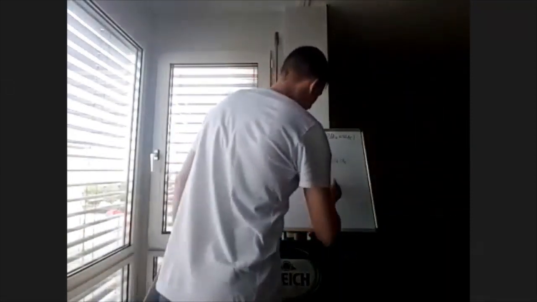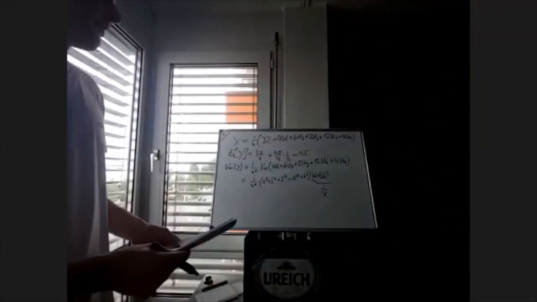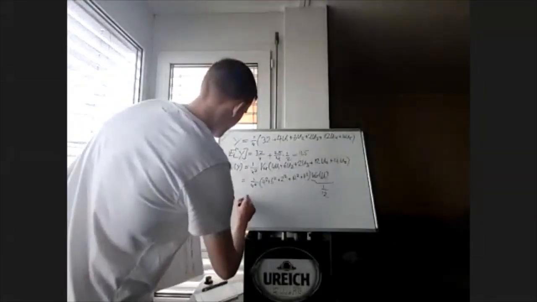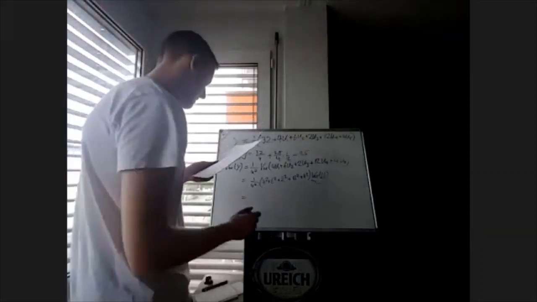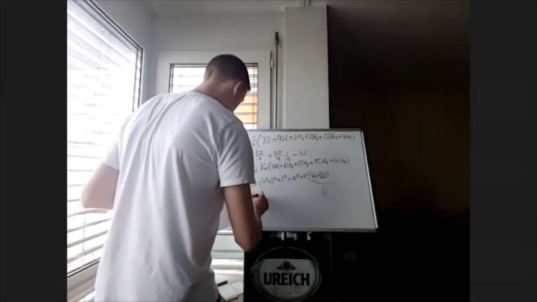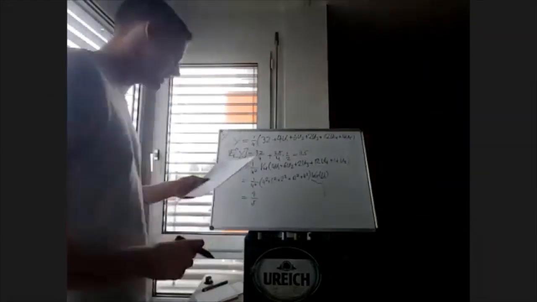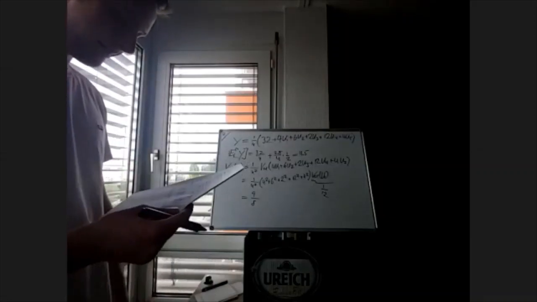So this is 1 over 12. And if you put everything together, we have 9 over 8 as the variance.